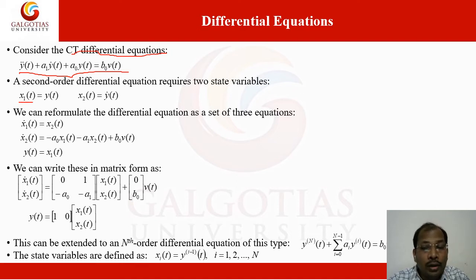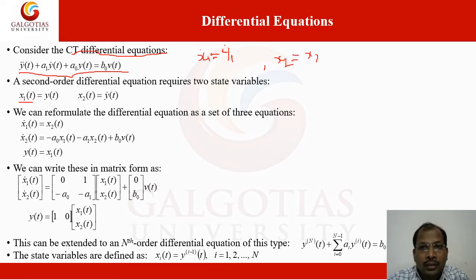If we differentiate this, we can consider x1 dot is equal to y dot. So we are differentiating with respect to time. We can consider x2 is equal to x1 dot.